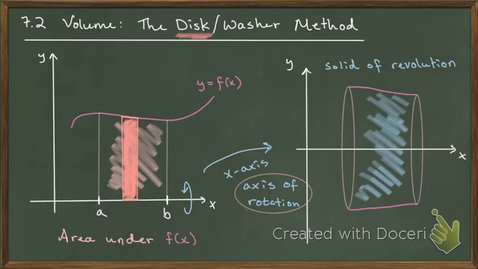I'm going to take that slice and rotate it around, and when I do that, I'm going to get a disk. That slice rotated around the x-axis by itself is going to give me a portion of the entire solid, and I'll be able to find the volume of that disk and then hopefully integrate.